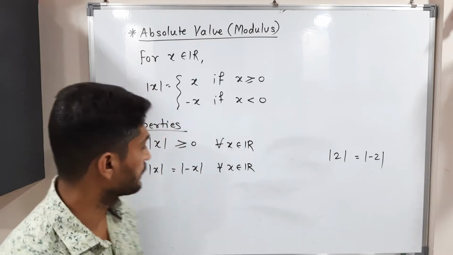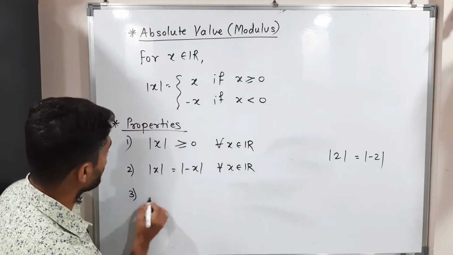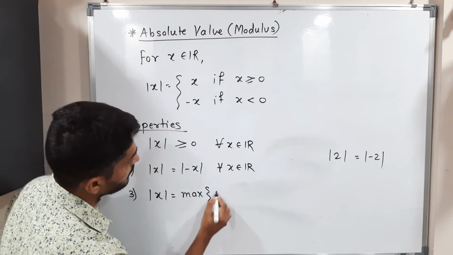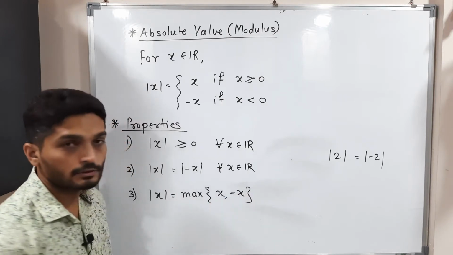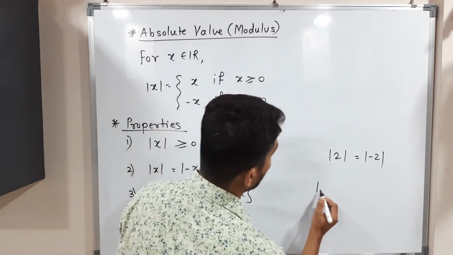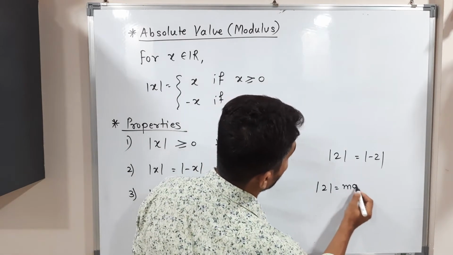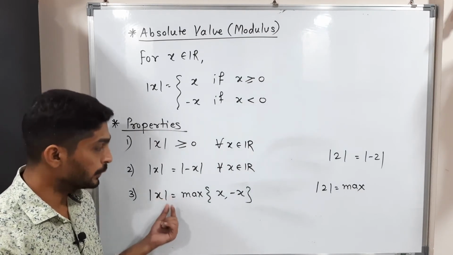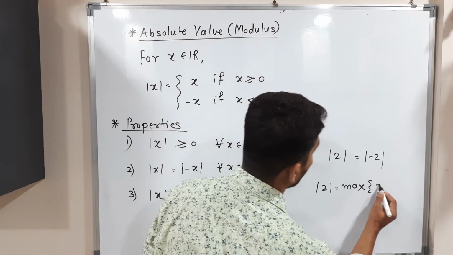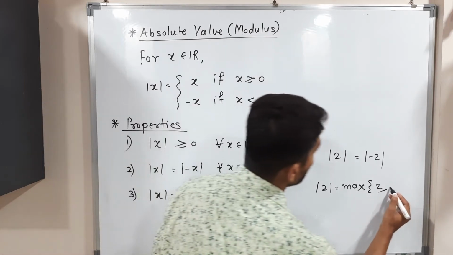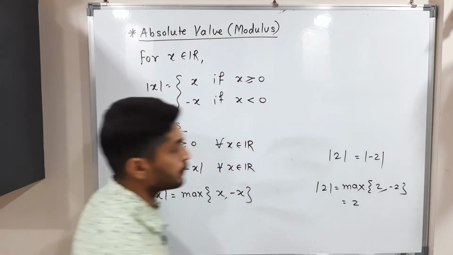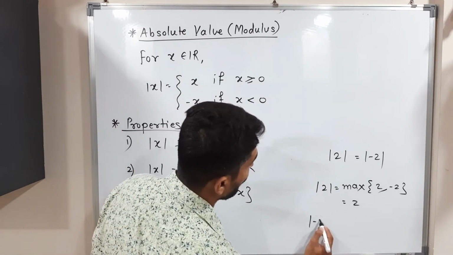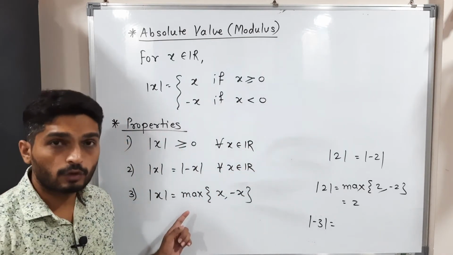So that's why we can write in this way. Third, mod x is equal to the maximum of x and minus x. For example, suppose you are calculating mod 2, which according to this definition is equal to the maximum of 2 and minus 2. So what is its maximum? 2. So we are getting the same answer. And if you want mod minus 3, let us follow this definition.